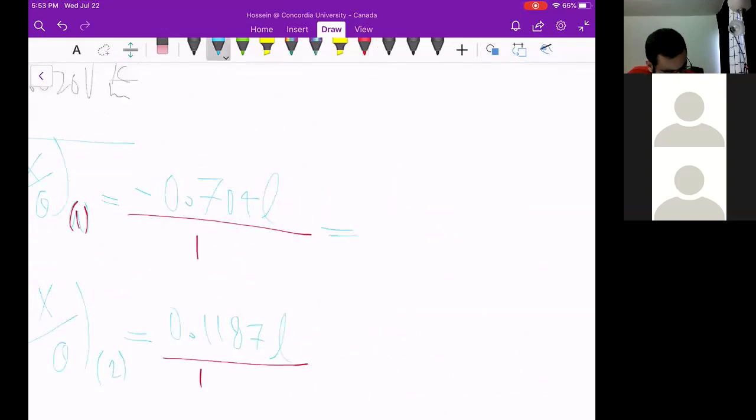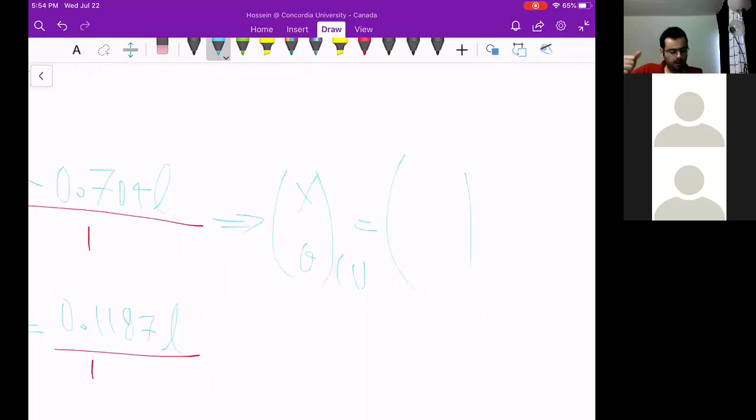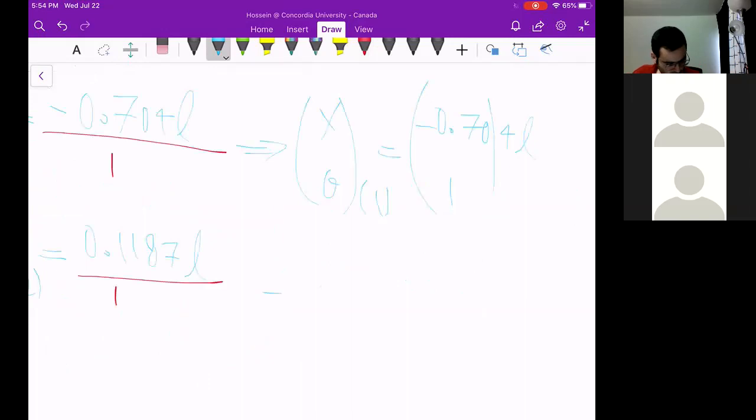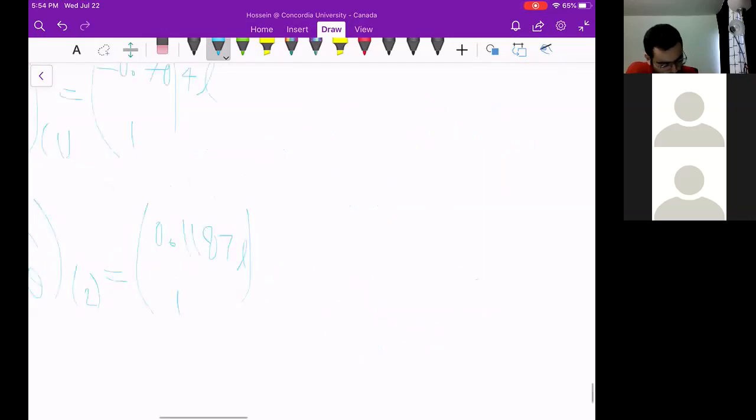You could say X theta 1: if there is a 1 radian rotation, there would be minus 0.74 L, and X theta 2: if there is a 1 radian rotation, positive 0.1187 L. So these are positive.